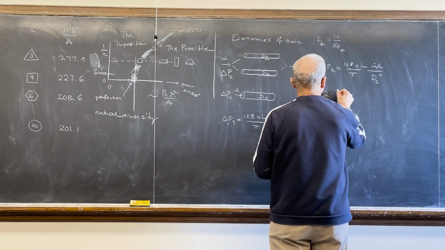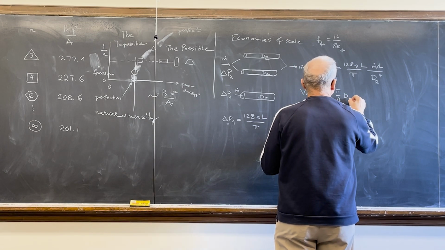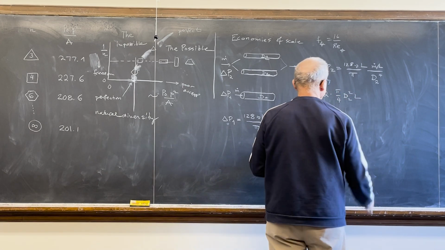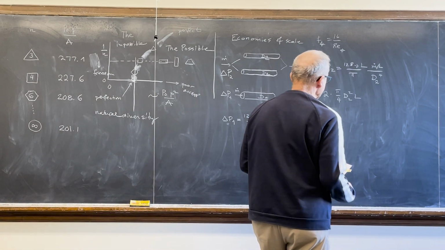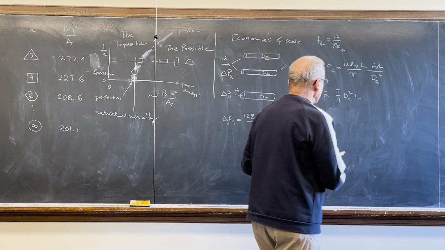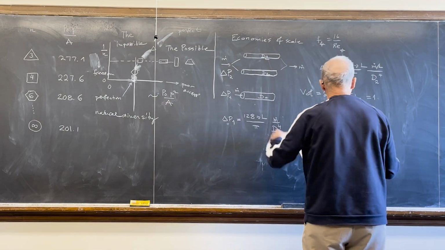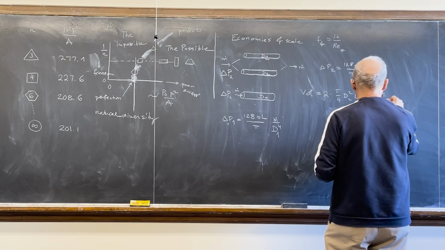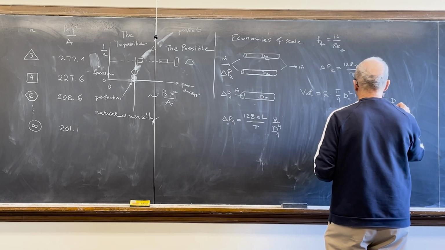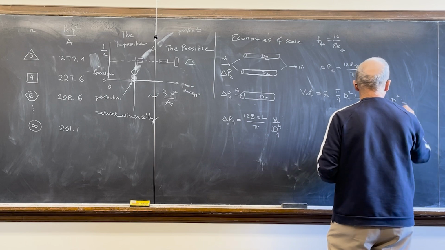It's pi over 4 D2 squared L. So that's for the couple shown on top. It must be the same as a single tube, and then pi over 4 D1 squared L.